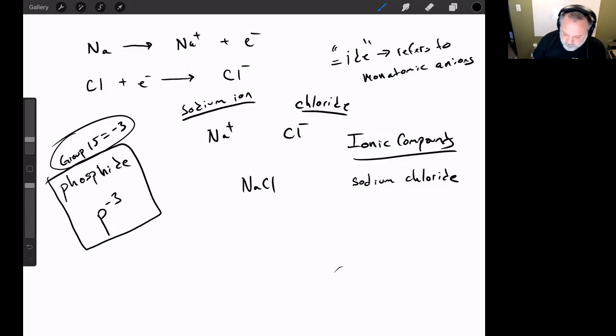Okay, so let's go back to the naming bit. How did I decide that the name of this compound was sodium chloride? Well, it's really straightforward.